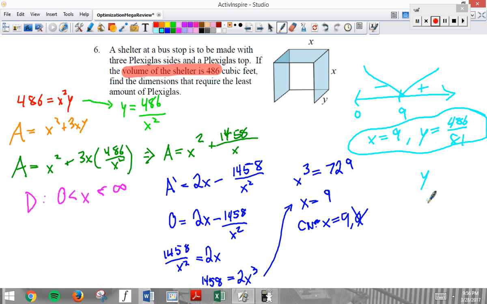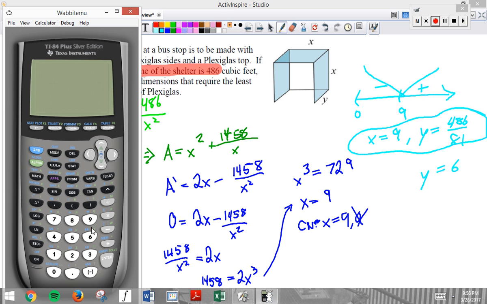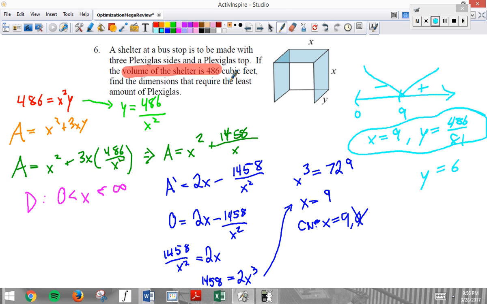So, 5, 54. 54 divided by 9, 6. See? I can do math in my head. Boom. Don't close it. Okay.